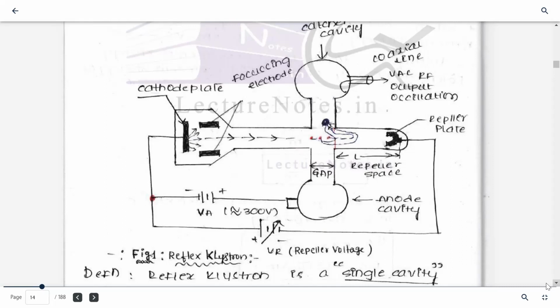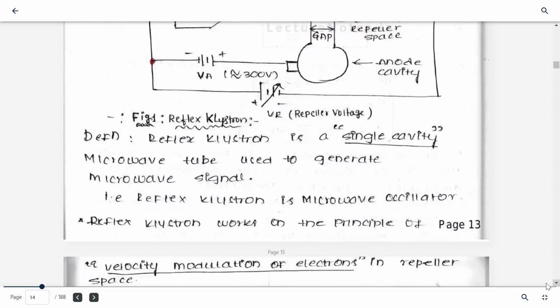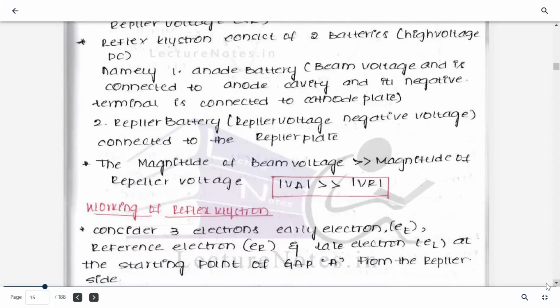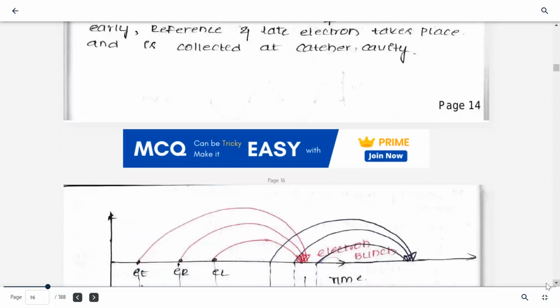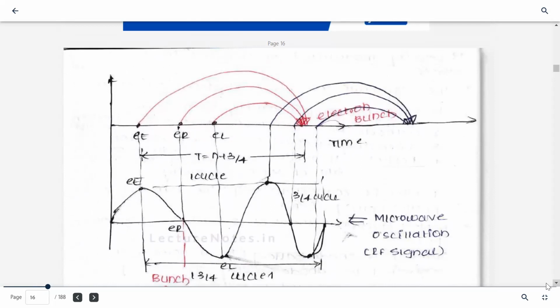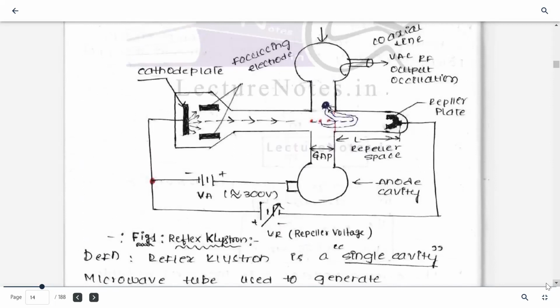So let's discuss the operation of reflex klystron. The operation of reflex klystron can easily be understood by this Applegate diagram. We have to see the Applegate diagram as well as the main diagram. The electron being injected from the cavity is velocity modulated.